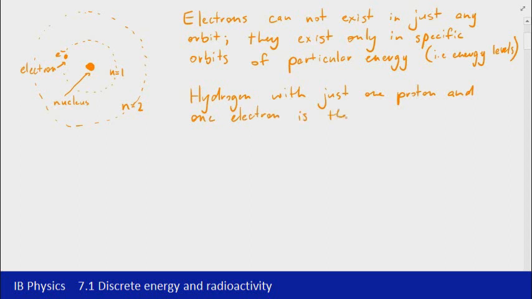So that's the simplest atom to analyze, and so that's where we're going to start. And we won't really progress any further than that, given that when you start to look at multiple protons and multiple electrons, the situation becomes far more involved, so we'll just start with hydrogen and have a look at the basics in that sense.